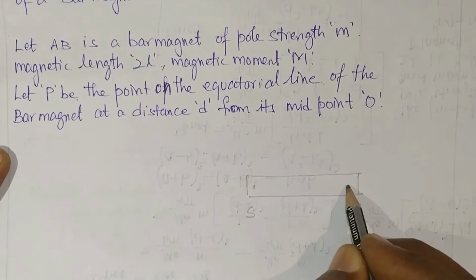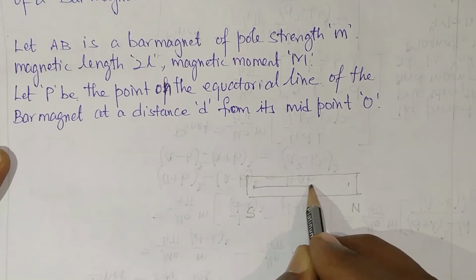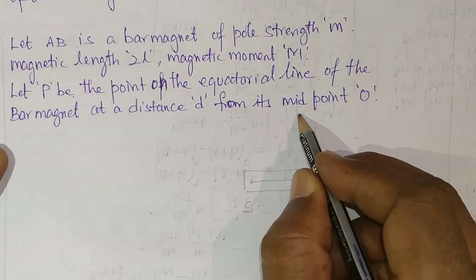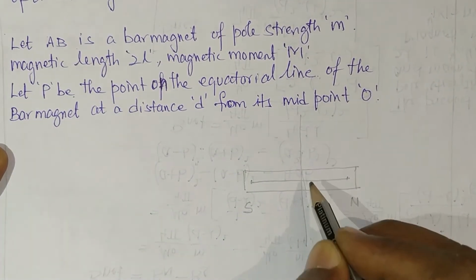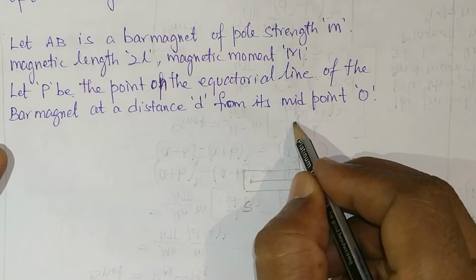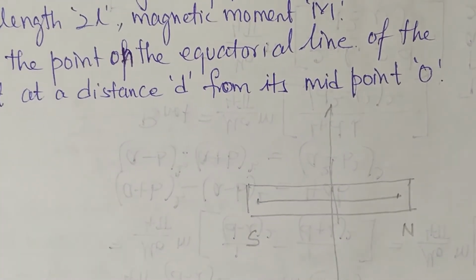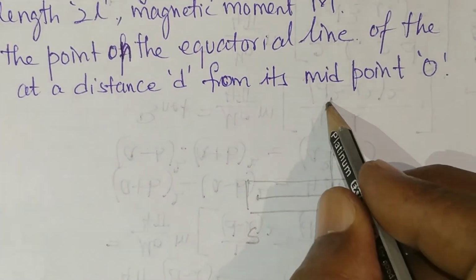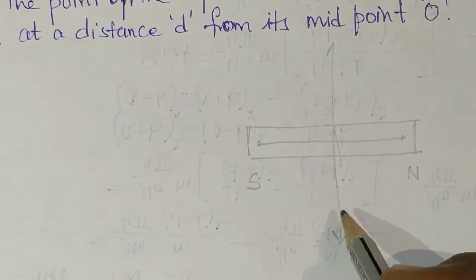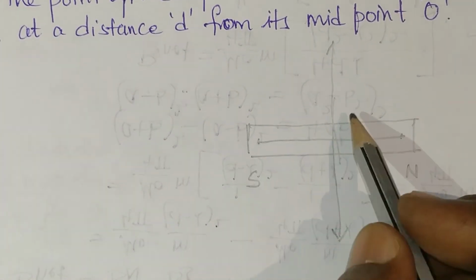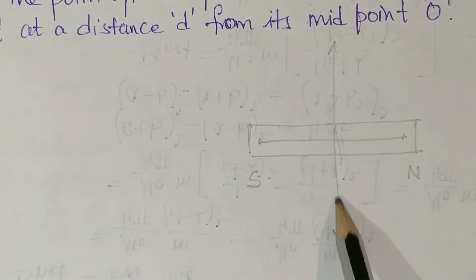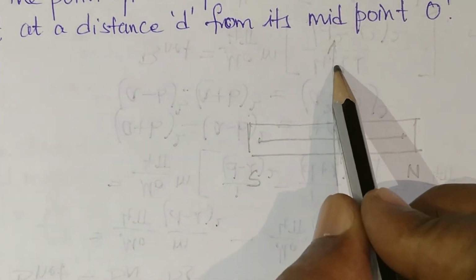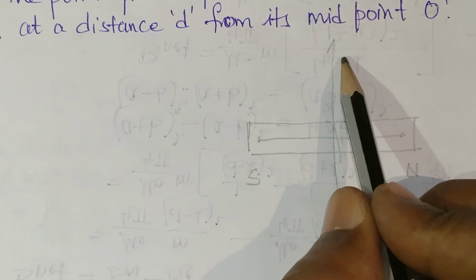So the line that is passing perpendicular to the poles of this magnet is called what? Equatorial line of a bar magnet. The line that is passing perpendicular to the poles of a magnet is called the equatorial line. So now our task is to calculate the magnetic induction at a point on this line. This is called the equatorial line of a bar magnet.